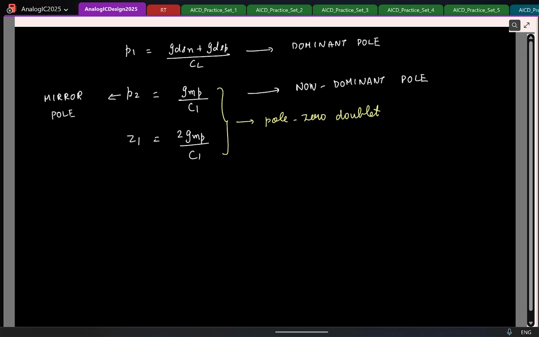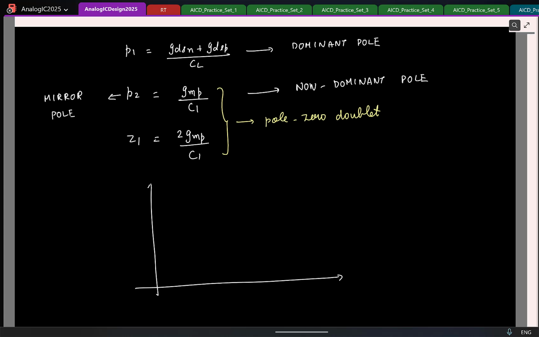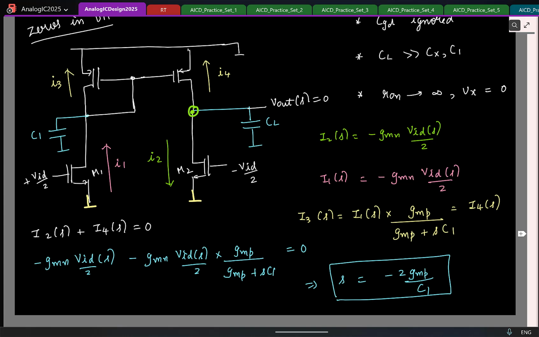So now if I try to sketch the Bode plot of the differential mode transfer function, this is frequency. What is the DC gain of the 5 transistor OTA? How much is the DC gain here?